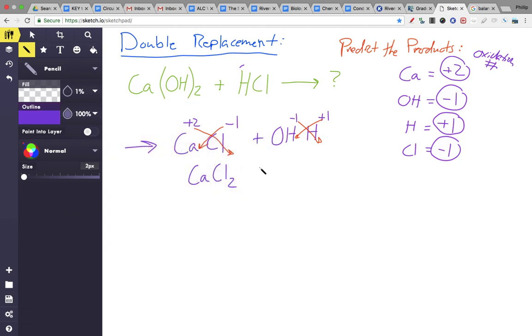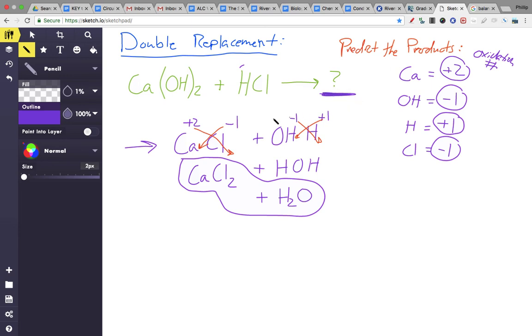So what that ultimately gives us is HOH, which we can rewrite as two H's, H2O. So those are our products of this double replacement reaction. In other words, the calcium chloride and water are the products of that reaction.